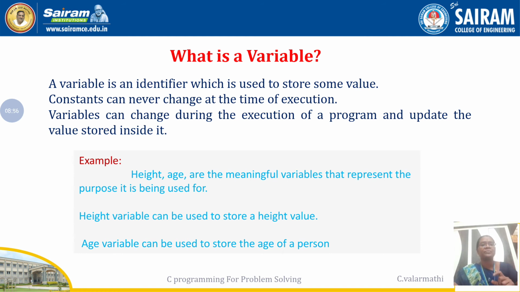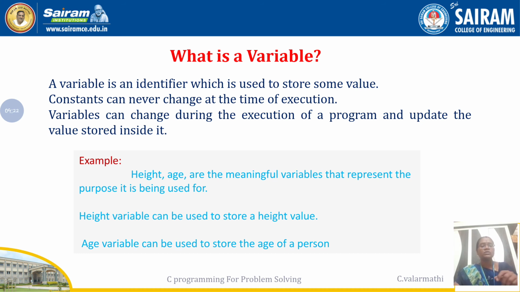Constants never change at the time of execution; we cannot change the values of constants. Variables can change during the execution of the program and update the values stored inside. Obviously, using variables, we can keep on changing the values, and a variable can be used for storing purposes also.